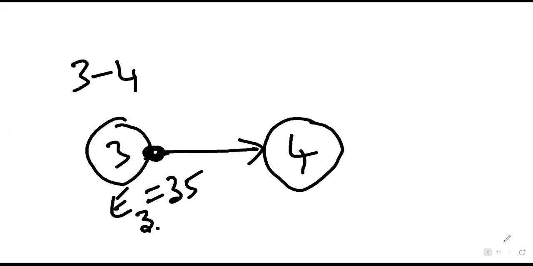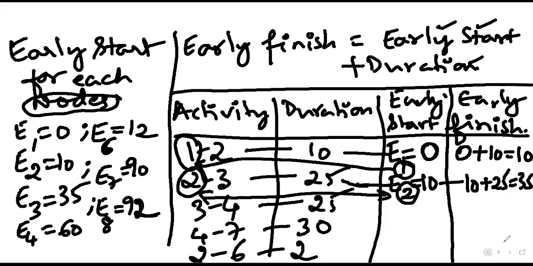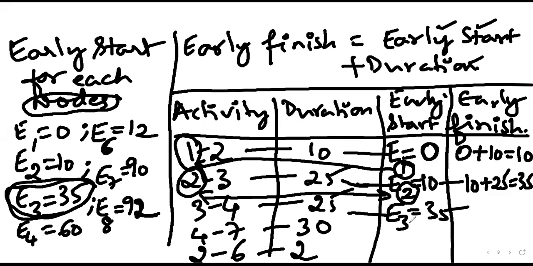E3 was already calculated in our previous class, and E3 is equal to 35. Now that is what we are supposed to write. So the answer for this should be equal to E3. That is very simple, nothing much complicated.